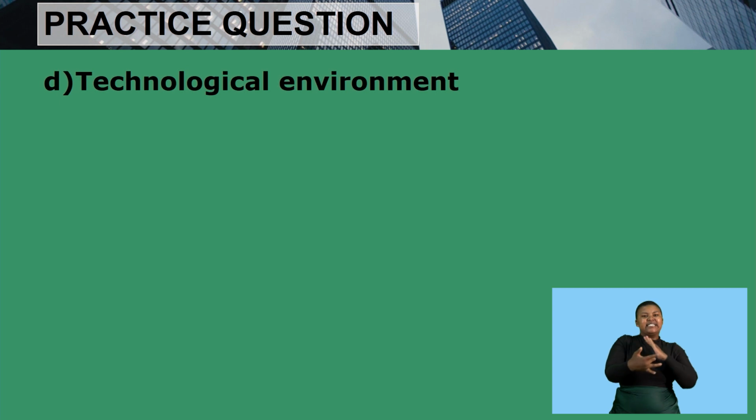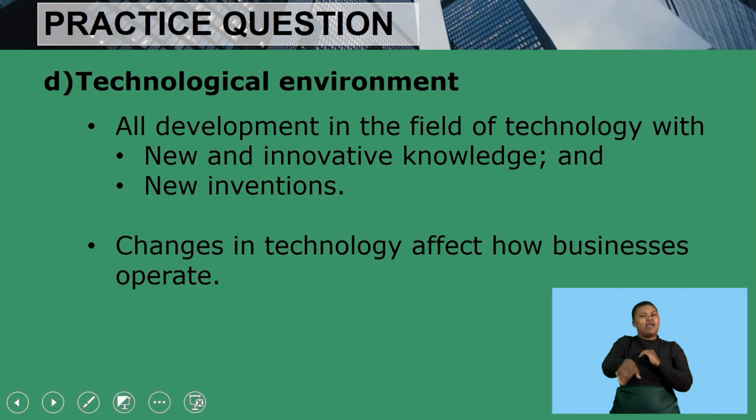question D asks for our technological environment. So think about all developments or changes that can be made by or in technology that can have an influence on your business. So when we think about the description of our technological environment, it can be all developments in the field of technology.